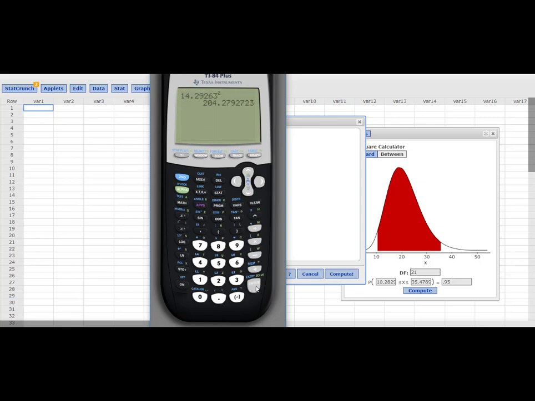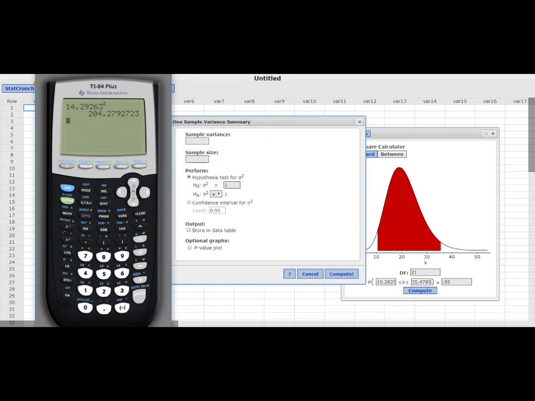I get 204.2792723. That's what I'm going to put in here for my sample variance. And then my sample size was 22.